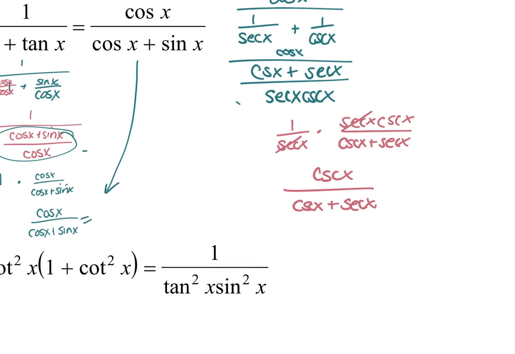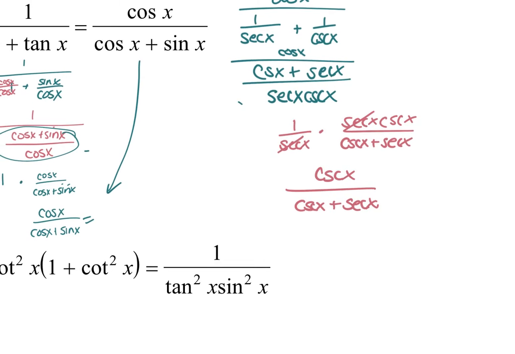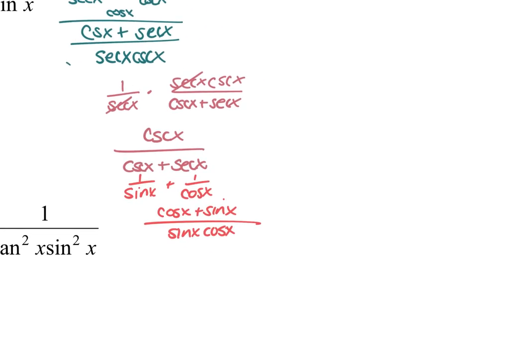And then I think you have to do it again. You'd have to give it a like denominator again. So cosine x plus sine x over sine cosine. And that's the denominator. So then you'd have to take this, keep, change, flip.